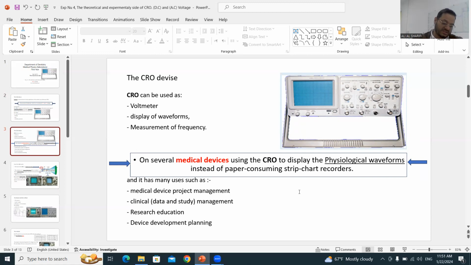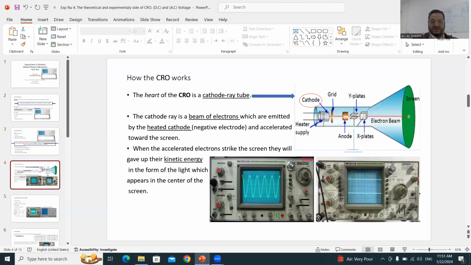It's helpful to be able to plot the physiological waveforms by using it instead of paper, which consumes paper, money, and so on. It also has many other uses, such as medical device project management, clinical data and study management, research and education, and device development planning. I selected that from Google, but if you search more, you will find other uses of this device.